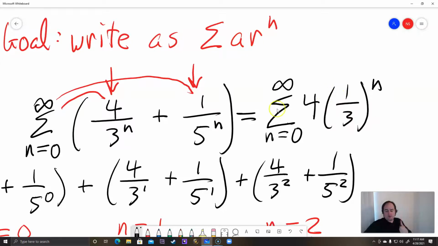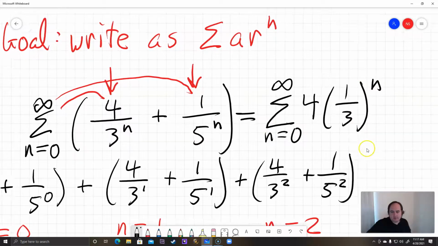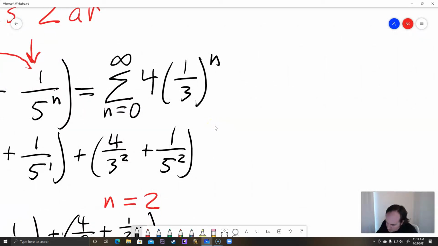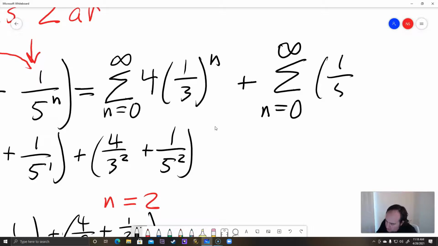So we're good with the first one. And then for the second one, instead of writing it as 1 over 5 to the n, we're going to do the same thing we did over here. So we're going to write it as 1/5 with parentheses around it, raised to the nth power. So our other series here is going to be the sum from n equals 0 to infinity of 1/5 raised to the n.